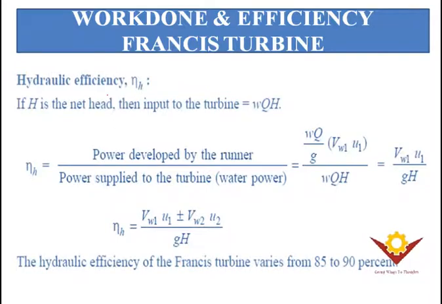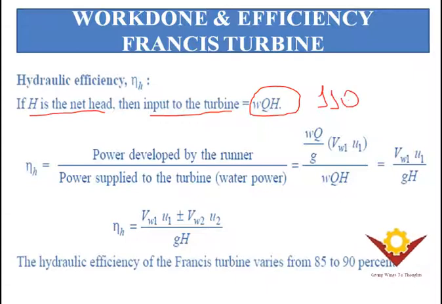Next we'll see the hydraulic efficiency of the Francis turbine, where H is the net head. It is the input to the turbine. We know that the input of the turbine is the water head, which is rho g Q H. And coming to the efficiency of the hydraulic turbine, we already know this is the output and this is the input. The output is the power developed by the runner, and the input is the power supplied to the turbine.